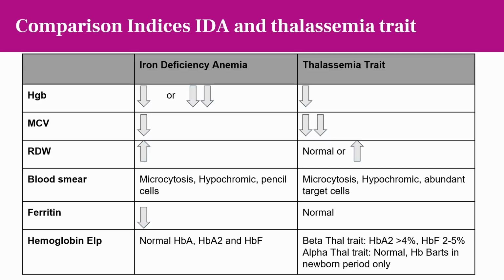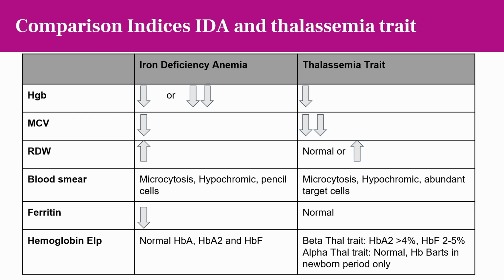So just some comparisons between iron deficiency anemia and thalassemia trait in terms of indices. It's a little bit nuanced, but hemoglobin, you'll never expect a severe anemia in thalassemia trait if it's thalassemia trait alone. Your RDW can be normal, but it also can be elevated in thalassemia trait. It will often be elevated in iron deficiency anemia.